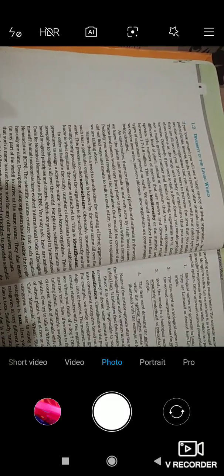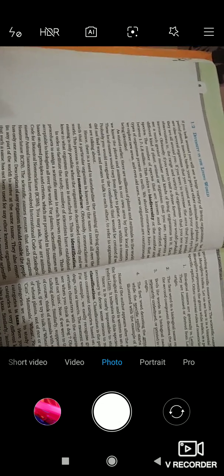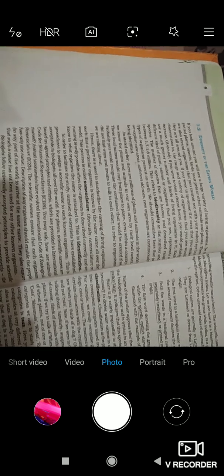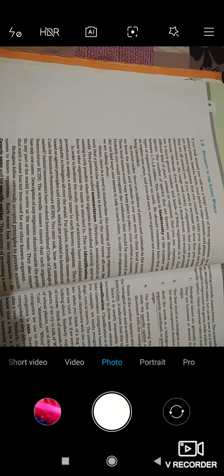So we have to describe the organism in this manner, and find out or see the organism's name. Then we have to identify the organism, and the process of doing this is known as identification. First of all we have to do identification, and only then nomenclature is going to help.